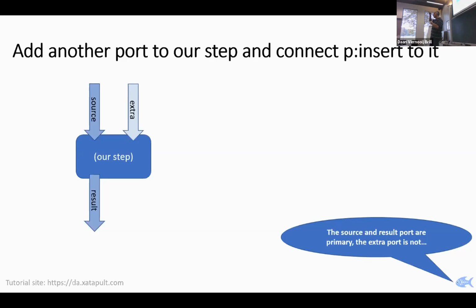We've done a p:declare-step. We want an additional input port on that step, and we call that additional input port extra. It could have been anything, but we call it extra. Later on we want to connect what comes in through the extra port to the insertion port of our P insert step.